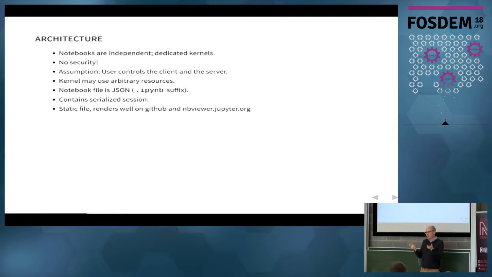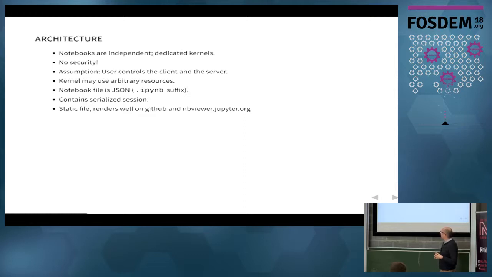And if you take one of these JSON files and put it on GitHub, it'll magically be rendered as a nice visual representation of the session. Just the same way that GitHub renders Markdown and these other things, it also renders IPYNB notebook files. So it's a handy way to share this is what I typed and this is what I got, so what happened when you typed that.